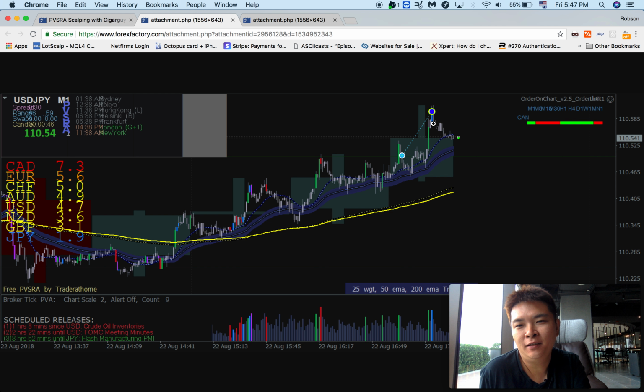Why? I have huge volume here, but then the candle itself didn't grow that much. And that's the decision I made to close this trade. You guys can see that I was right, because immediately after it closed, price went down again. That's why I like Pvsra, because it colors the candles that you have to care about.